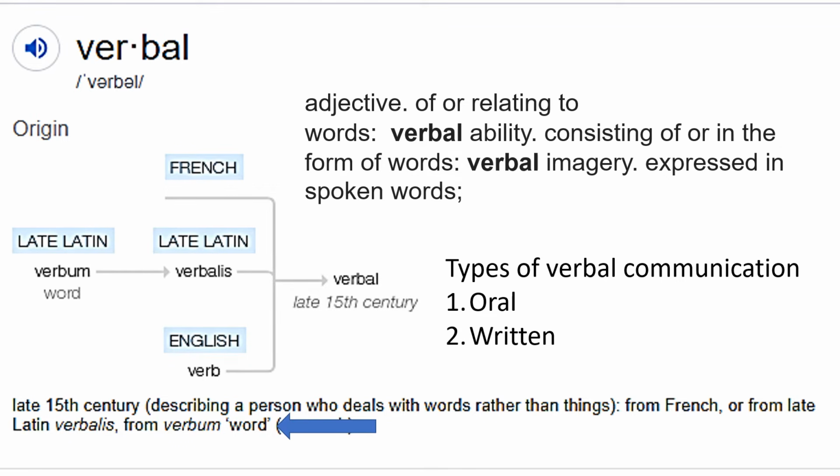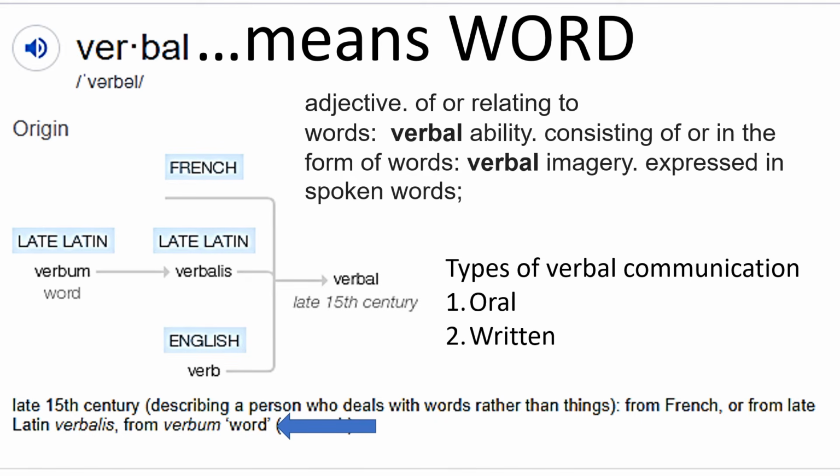That's why written communication is still classified as verbal, because when you write, you use words in order to communicate your ideas through writing. So simply put, verbal means word. And when you use words in communicating, going back again, it is classified as verbal.